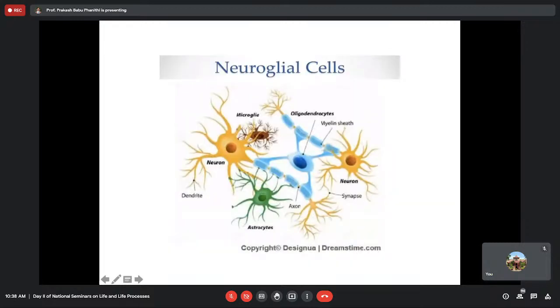Now the brain has different types of cells. The major cells are the neurons and the astrocytes, which are called the glia. The neuron is actually responsible for all our cognition and memory. The other cells are the glial cells, which are nothing but supporting cells of the neurons.